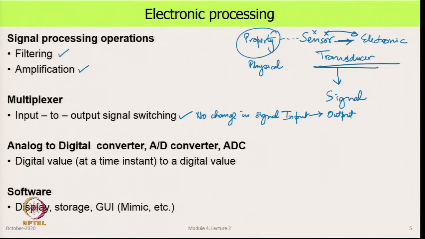And then you have the analog to digital converter, which is also referred to as A/D converter or ADC. It samples the analog signal at a time instant, so the input should be an analog signal, and converts it to a digital value.